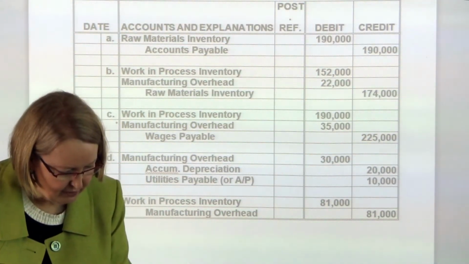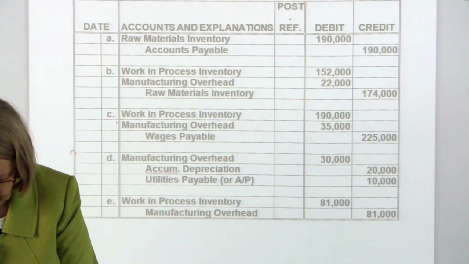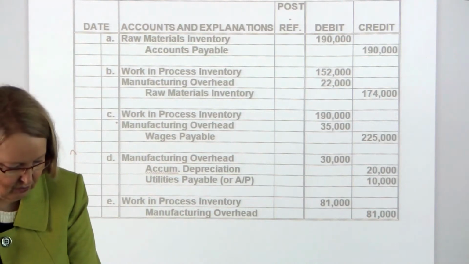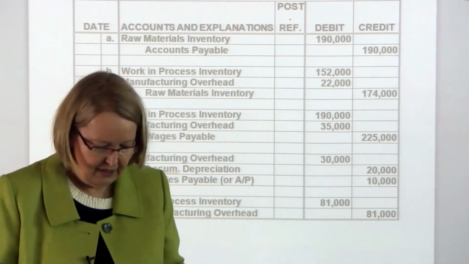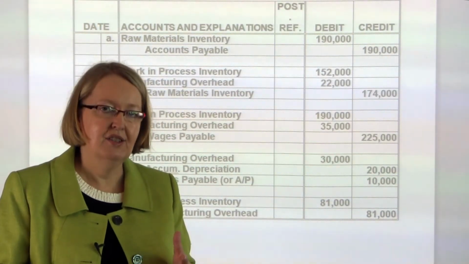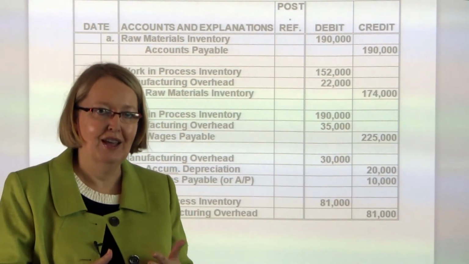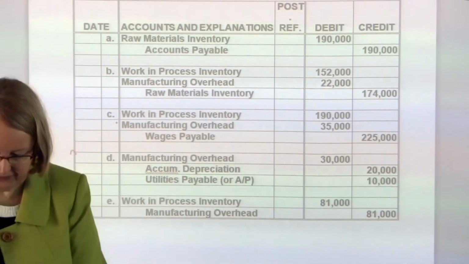So that's requirement 1. So requirement 2 is you want to look at the manufacturing overhead. What is the difference between the amount incurred and the amount allocated?